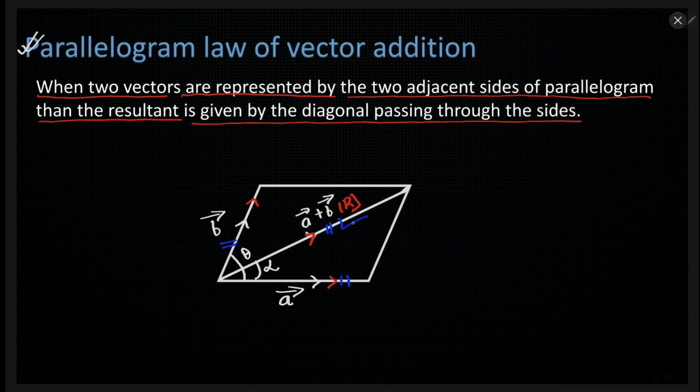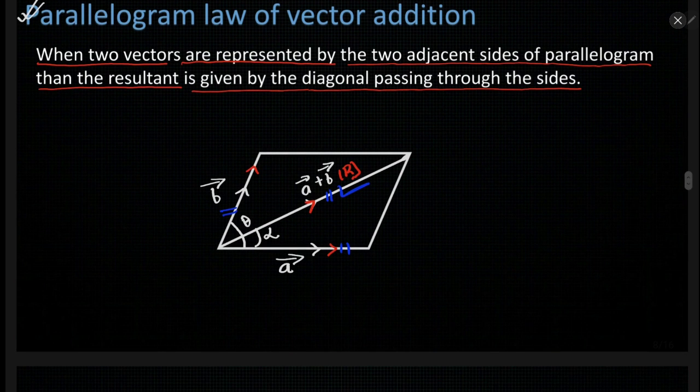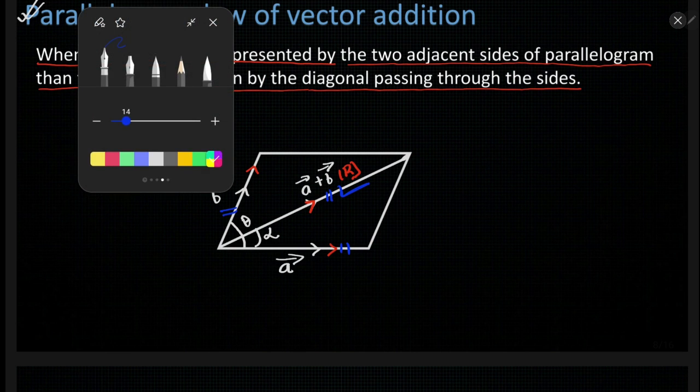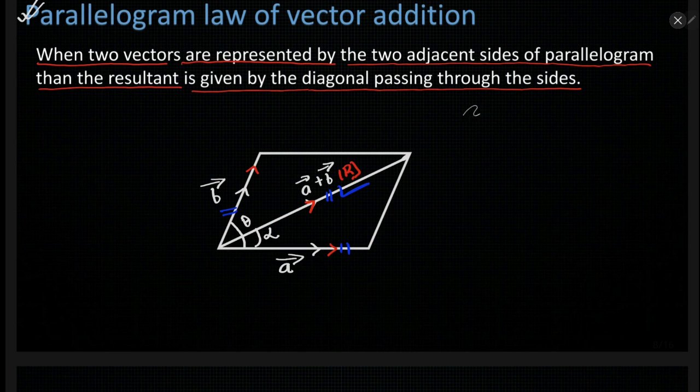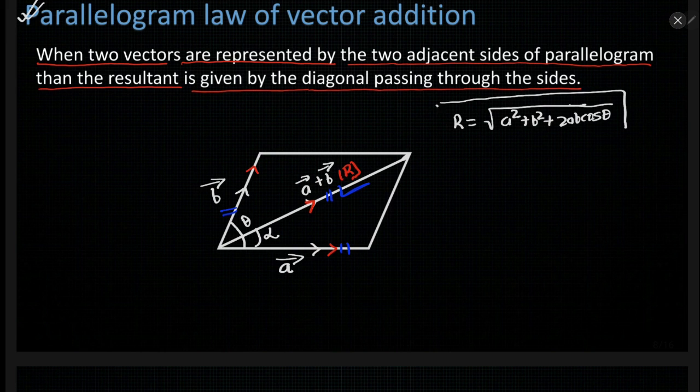Therefore this is the resultant, and the resultant of this parallelogram law is written by R is equal to the square root of A square plus B square plus 2AB cos theta, same as the triangle law of vector.